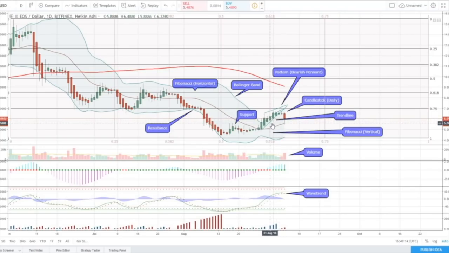So I don't think I'm going to go into more detail here. It's just an overview of the kind of indicators I'm looking at when I'm trading, when I'm trying to find an entry point or exit point. So that is what I'm going to show you basically.